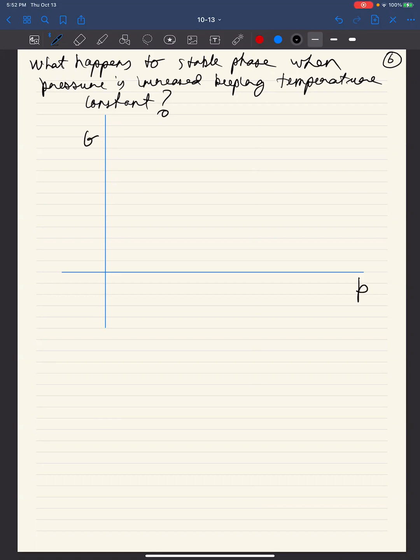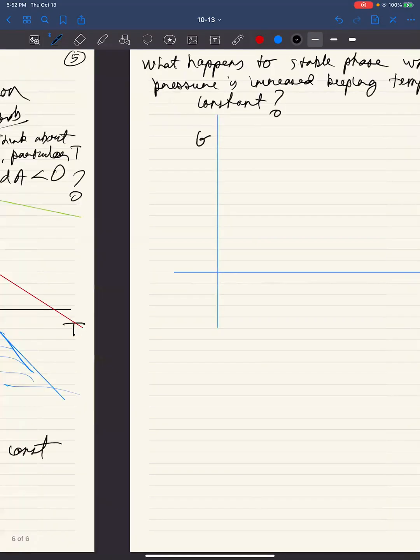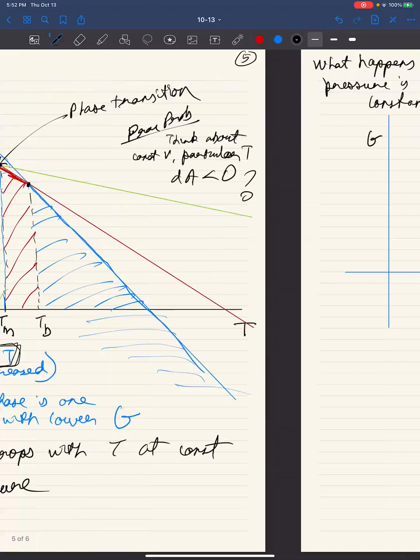The first question is, last time we saw in G the curves sloped downwards, right? Now the question is, I think my screen is hanging.